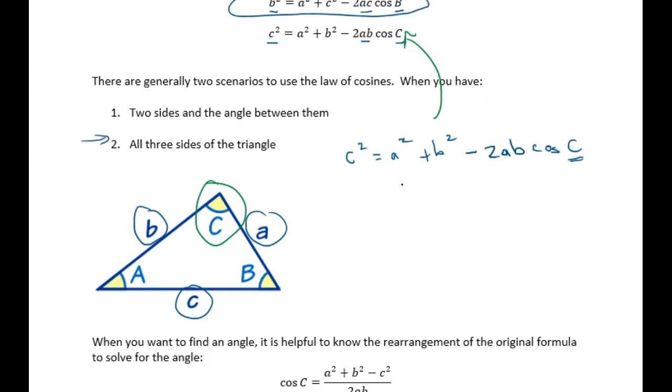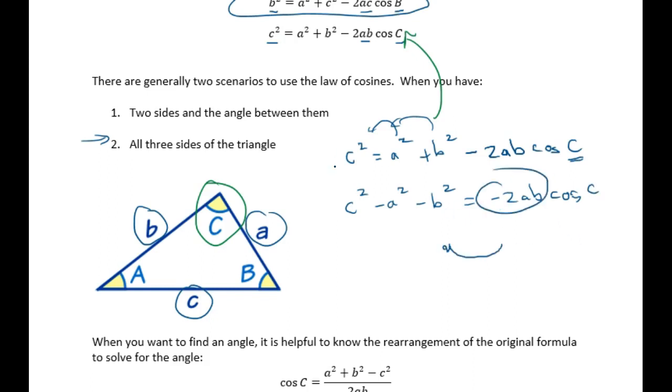So what we actually do is we have to alter it a little bit. I'm going to bring a squared and b squared to the other side. So c squared minus a squared minus b squared is equal to negative 2ab cosine of C. And I also want to bring over the coefficient to the other side as a divide.